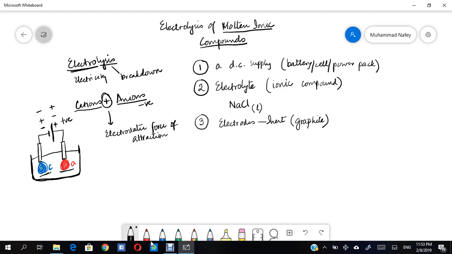So what I'll now do is I'll draw an electrolytic cell containing all these components.